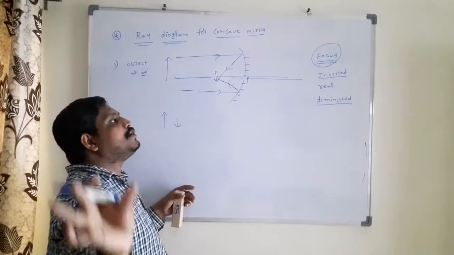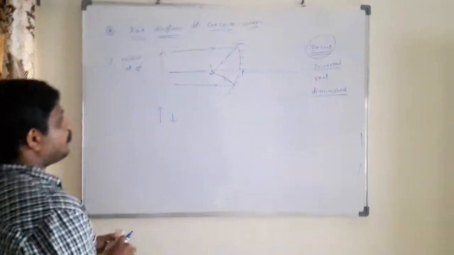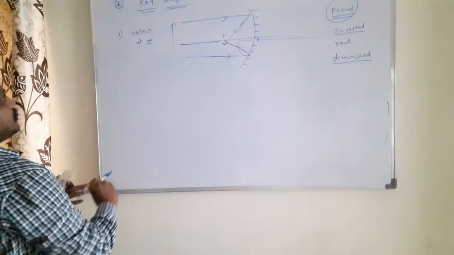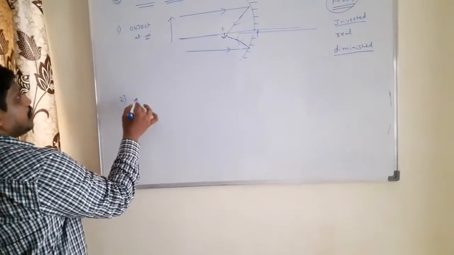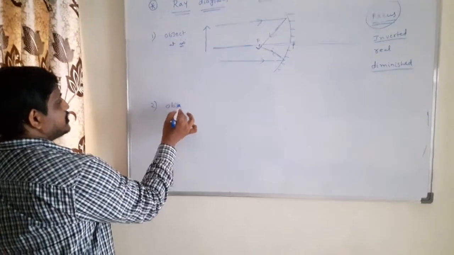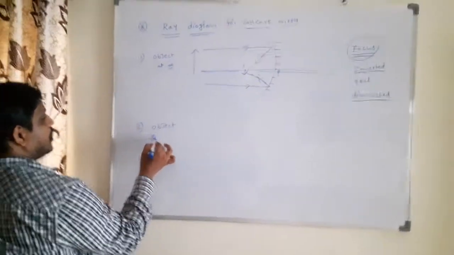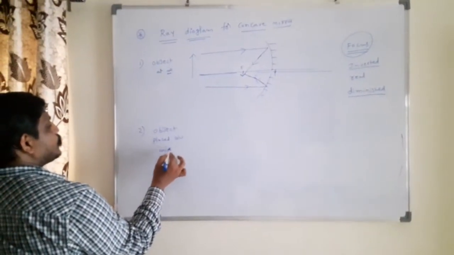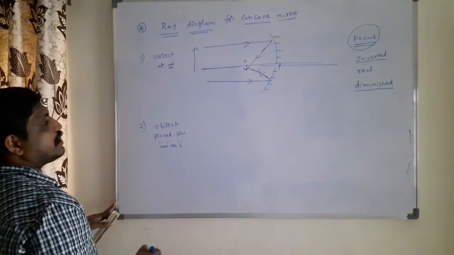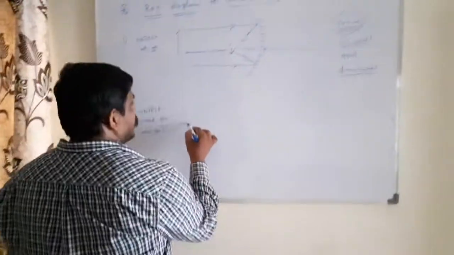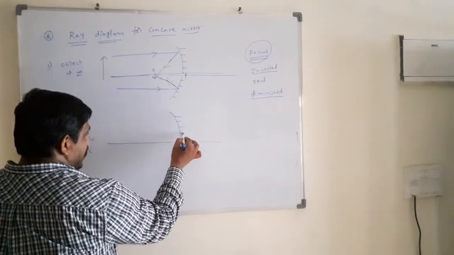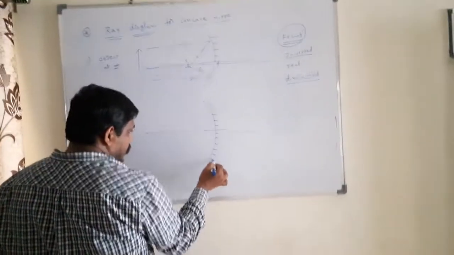Okay, next I discuss a very useful second concept. Here the object is placed between infinity and C. What is C called? Center of curvature. Look at this diagram. This is the concave mirror according to the question.